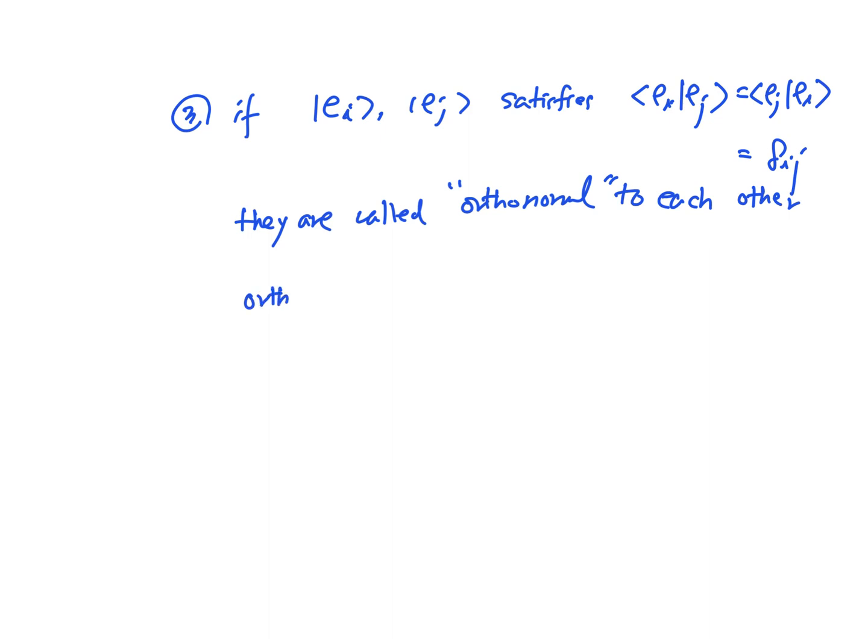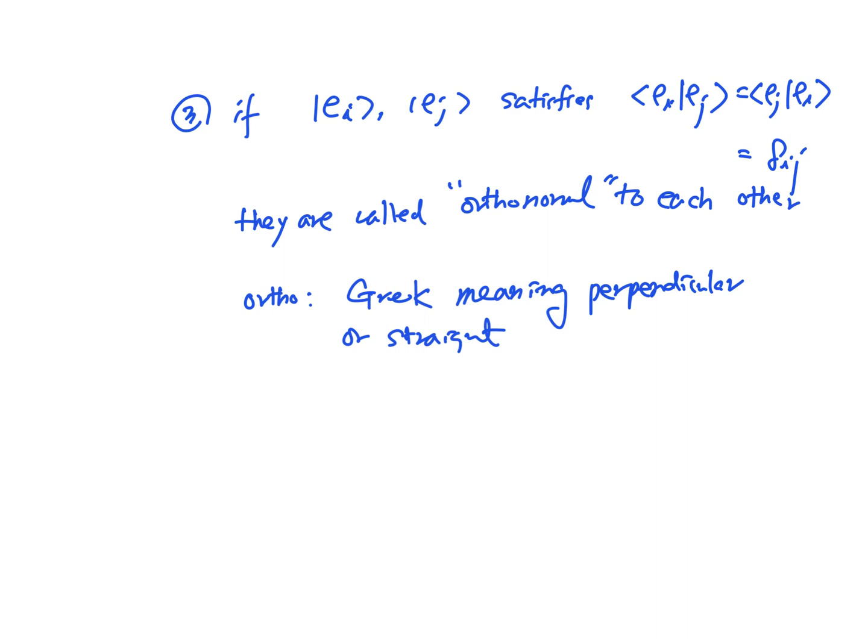Actually, ortho is a Greek word meaning perpendicular or straight. So there is a word called orthopedic. Do you know what this orthopedic means? It's one of the typical toy words. It's a branch of medicine that straightens your bones. 정형외과. Orthopedic. Straighten your bones.